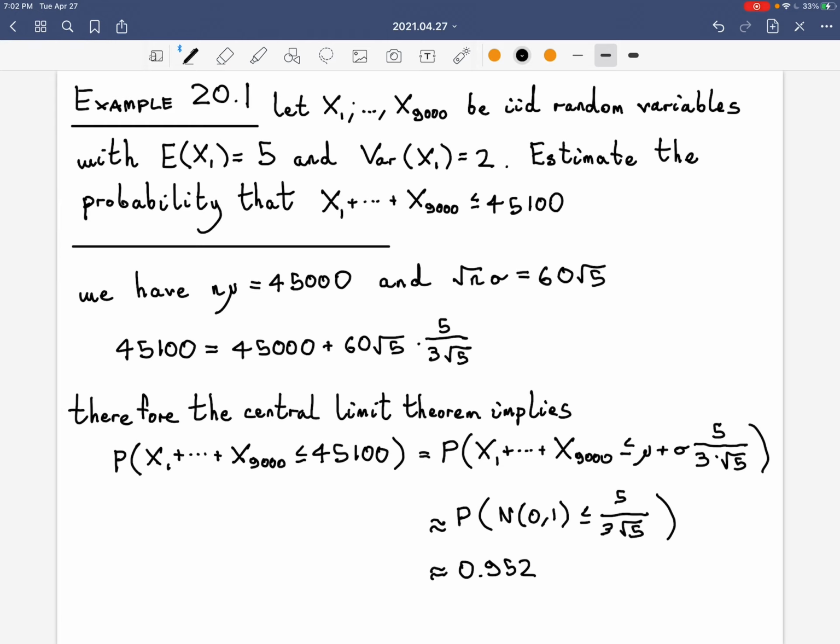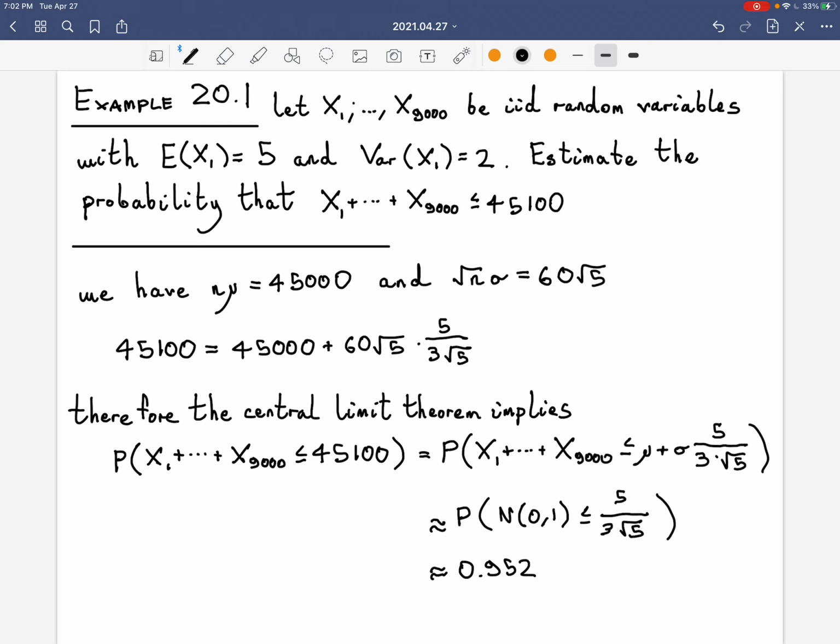Okay, so we can see that what we need to do is to first of all determine the large scale parameters from the small scale parameters.